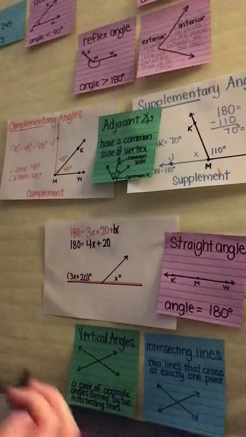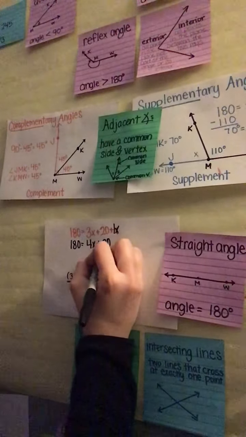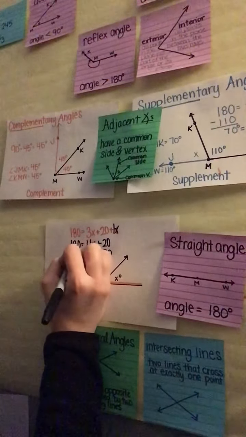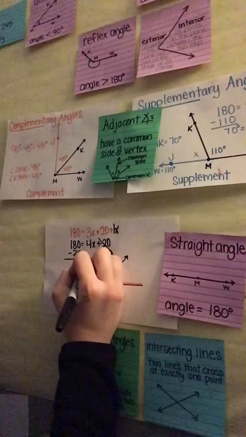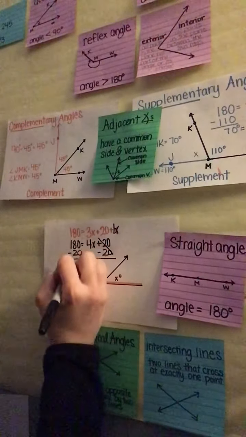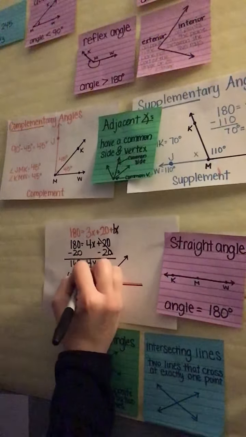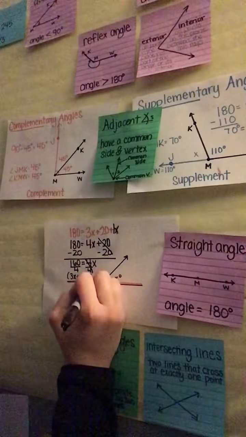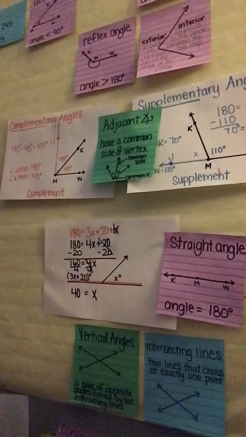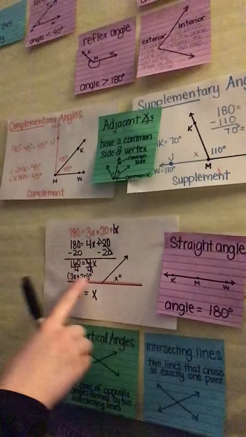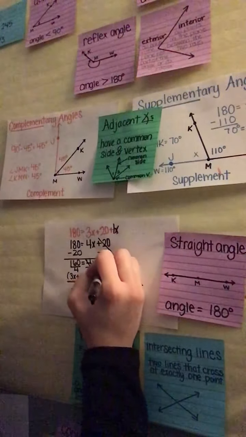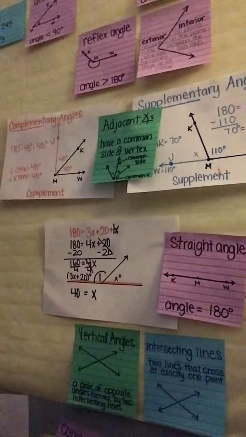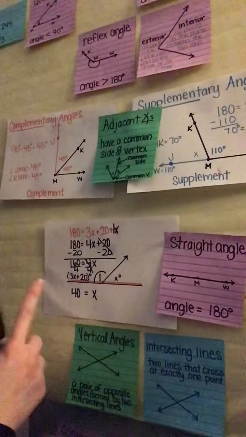Now, this is a familiar setup. I know what I'm doing. Subtract 20. If I do it to one side, I do it to the other. I've got 4x equals 160. I'm dividing by 4. If I do it to one side, I do it to the other. X is equal to 40. So now, if they ask you what's the measure of angle 1, you would not write 40.